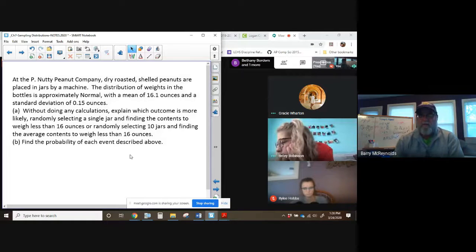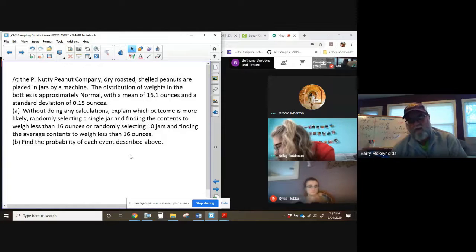With a sample size of 10, if the population is normally distributed, we're in good shape. Now, in just a second, when we talk about the central limit theorem, a sample size of 10 is not going to be good enough. We'll have to do better than that. But in this case, with a population that's normal to begin with, a sample size of 10 is probably good enough.